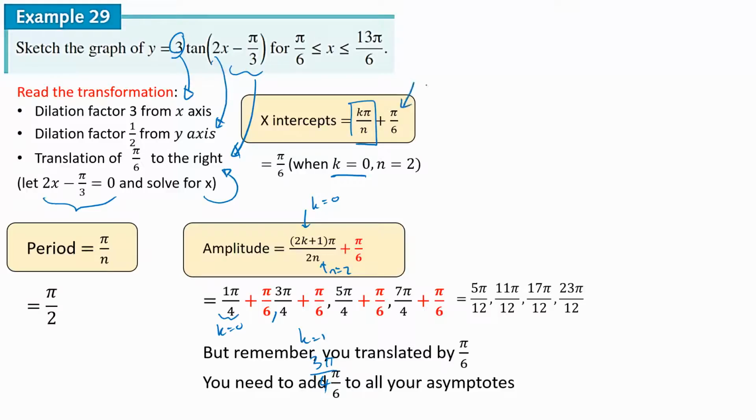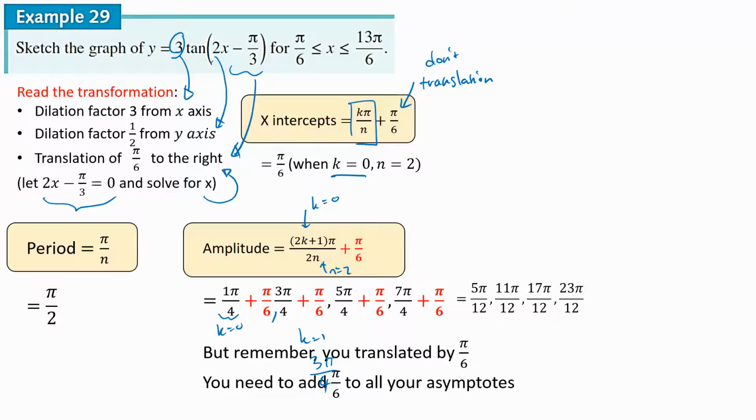But don't forget, you have the translation. So don't forget, the translations do affect it. Whether you go up or down, it will affect your overall result. Okay, so think about your transformations. When you write out your transformations, I want you to pay attention to the transformation because it affects your x-intercepts or y-intercepts. Okay?